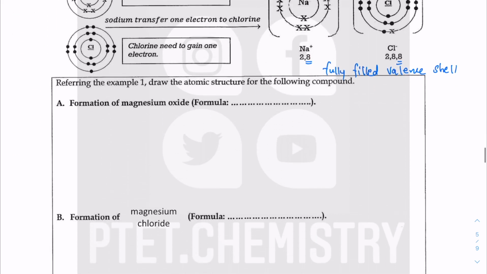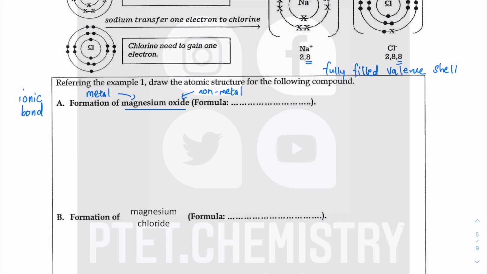Now, referring to the previous example, we need to draw the atomic structure for the following compound. So magnesium oxide. We think about magnesium and oxygen. From the name itself, this is the metal, and that is the non-metal. So when you have a metal and a non-metal atom combining, you're going to get an ionic bond.